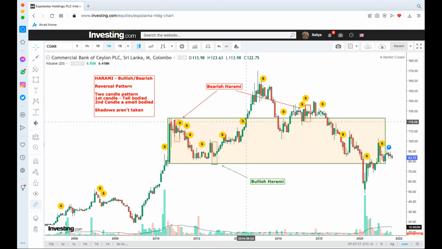So just imagine, this is in 2014 June, and this is in 2010 September. From 2010 September to 2014 June, this accumulation and distribution took place.